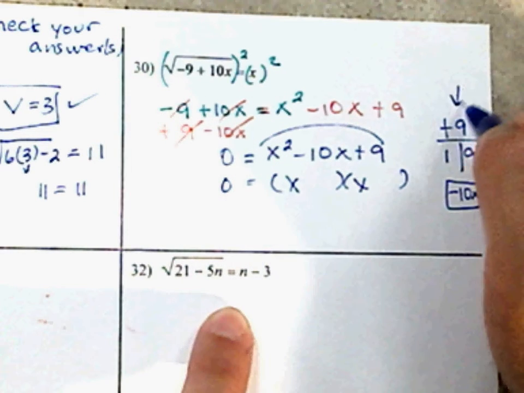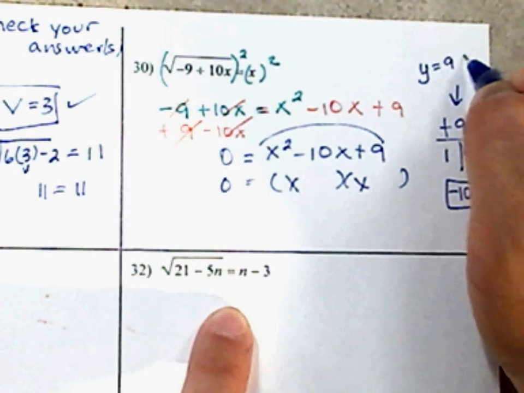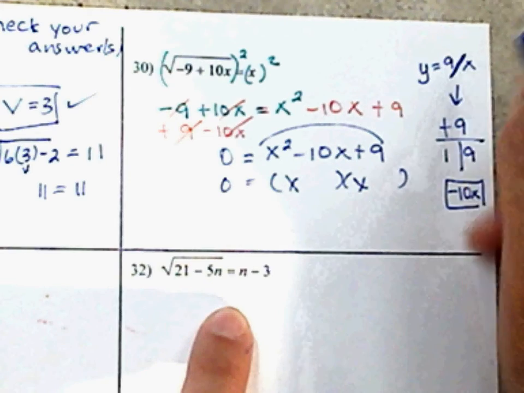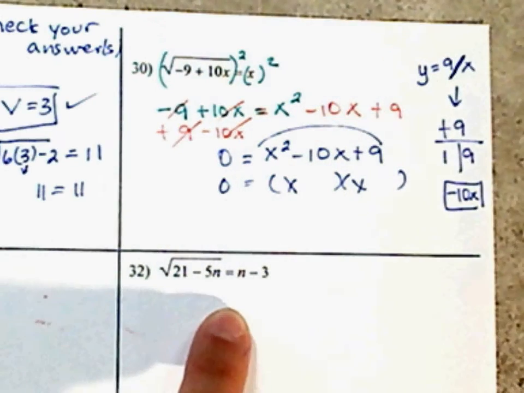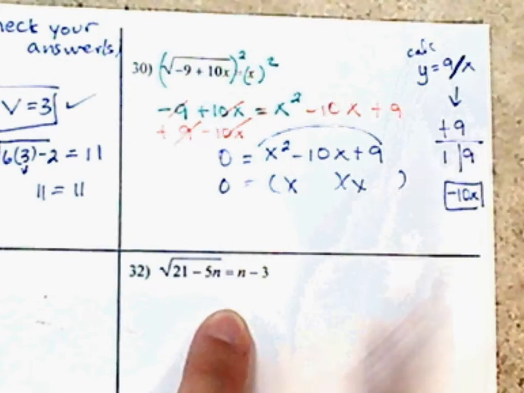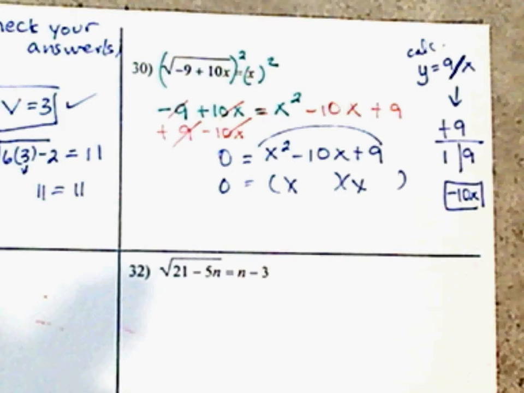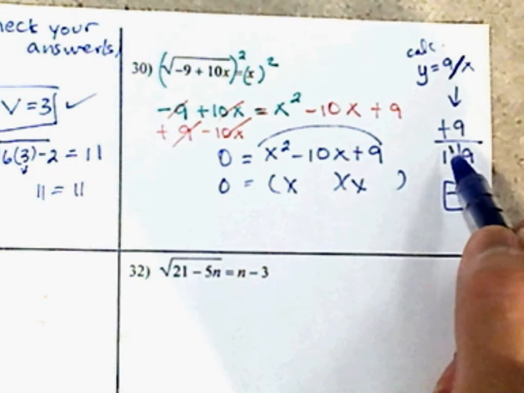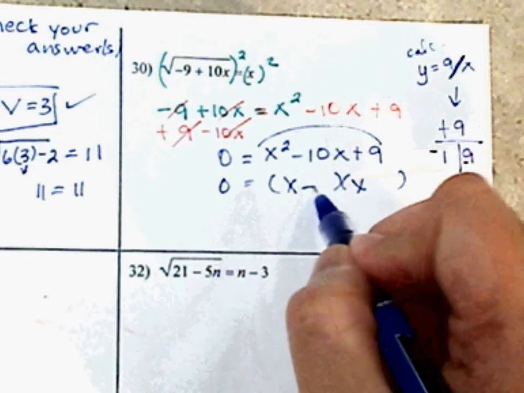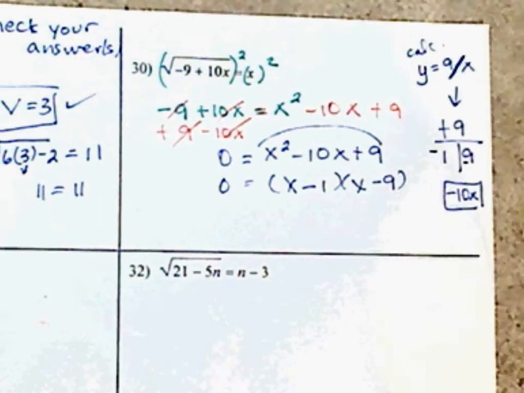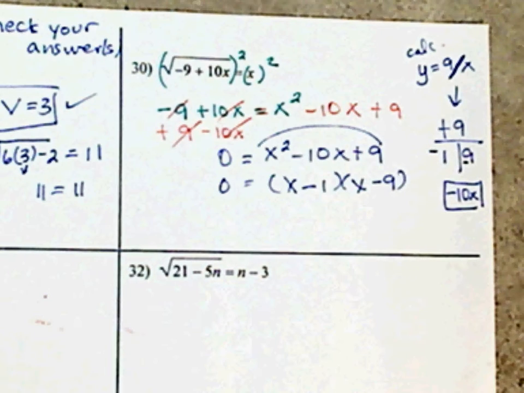But if you don't know how to find those, you can type it into your calculator just like this. Okay? So this could be something in your calculator, and you can kind of look at your factors. So what are those 2 numbers? Negative 1 and negative 9. Keep in mind what you are doing, you are solving.